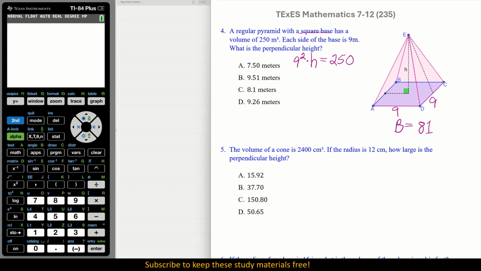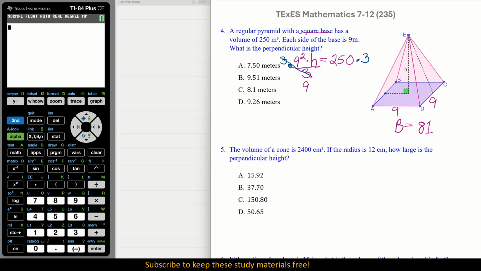Okay. And then all of that area of the base times height divided by 3, because that is the formula for a pyramid and a cone. Also, we have to divide by 3, remember? Okay. So what are we going to do here? Right. So we have to multiply both sides by 3. So times 3 times 3. There we go.